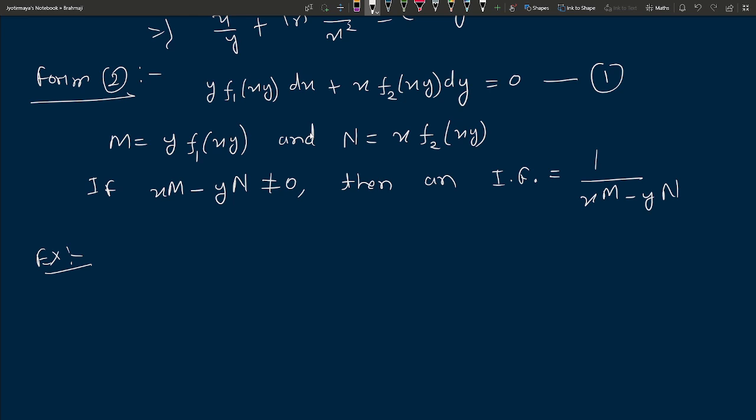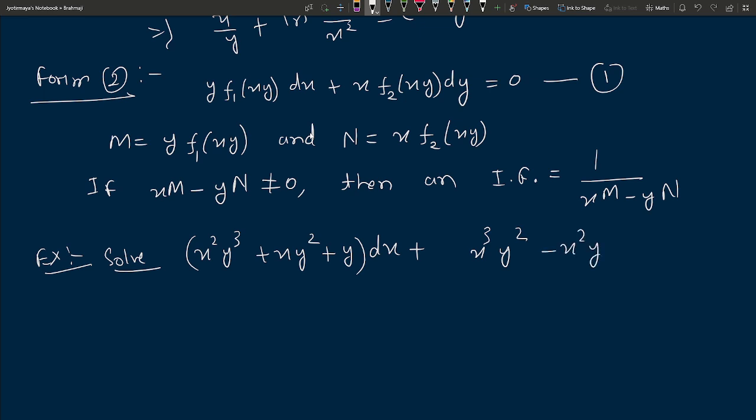Example 1, the question is: solve (x²y³ + xy² + y) dx + (x³y² − x²y + x) dy equal to 0. This is given here as your question.